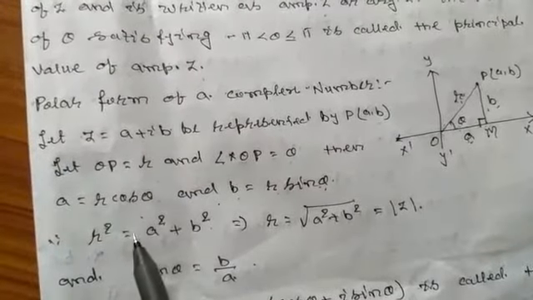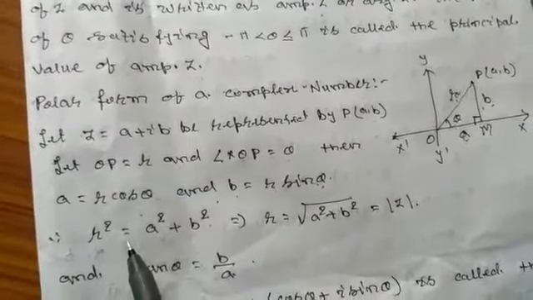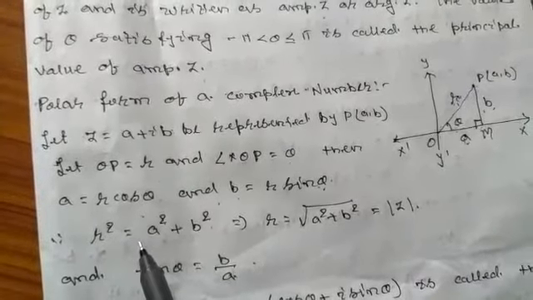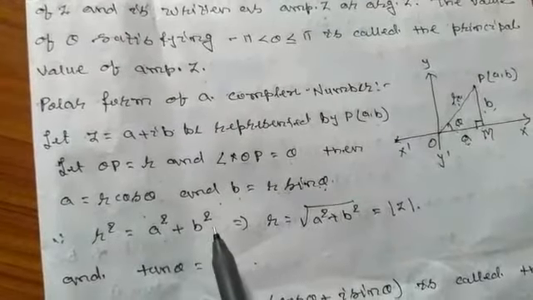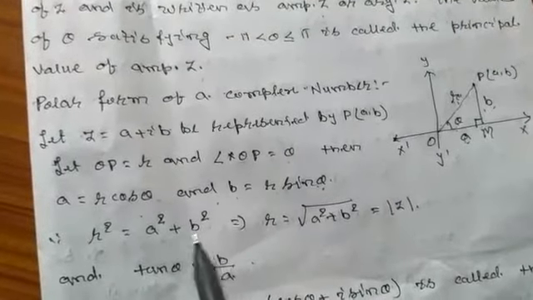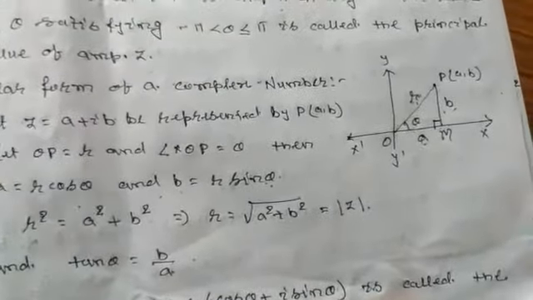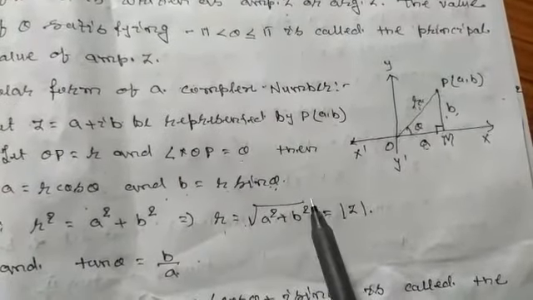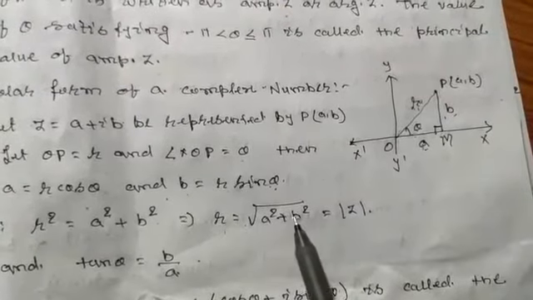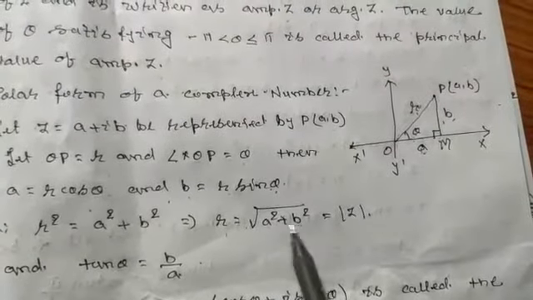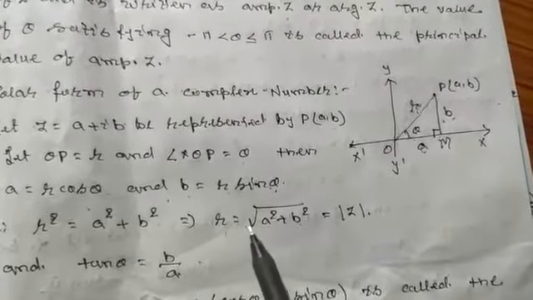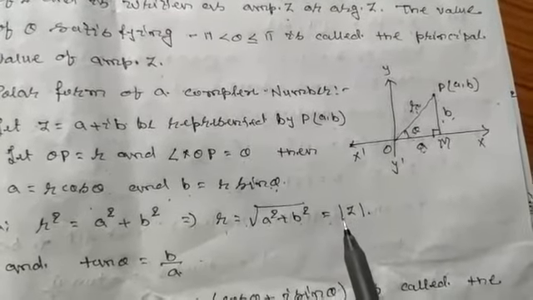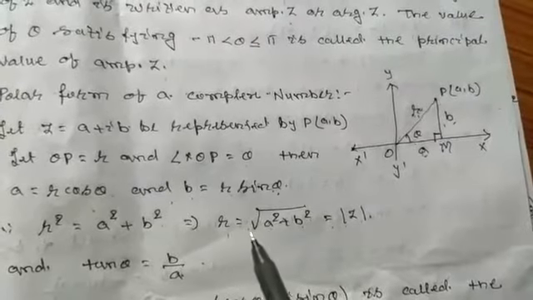Sin square theta plus cos square theta is equal to 1. So ultimately you will have r square equals a square plus b square. On further solving, we can write r equals under root a square plus b square. This is equal to the modulus of z, that is the modulus of the complex number.